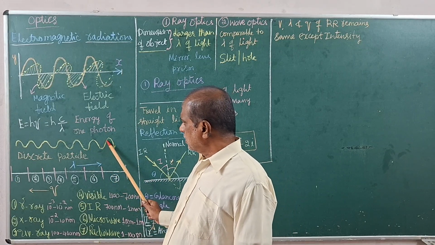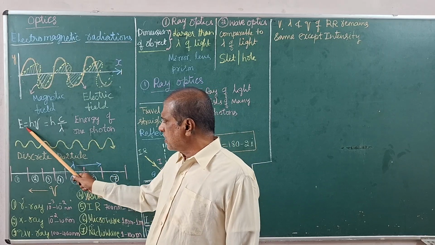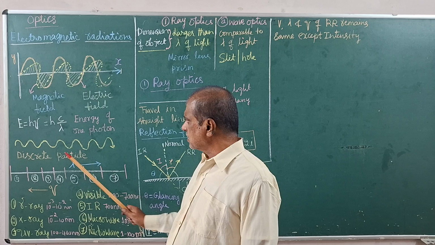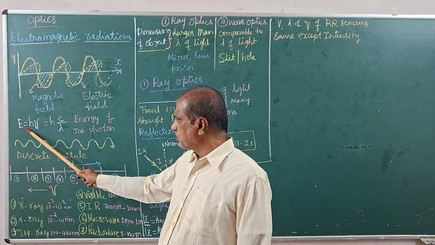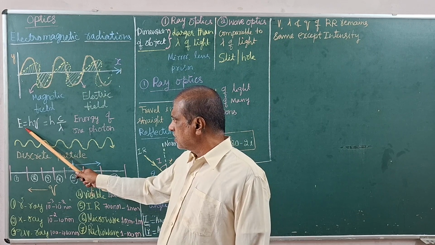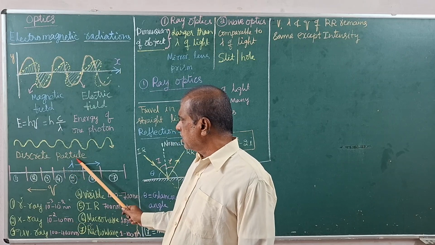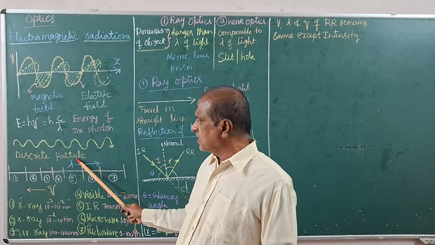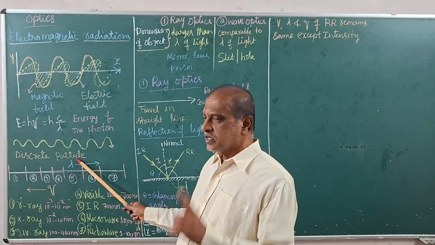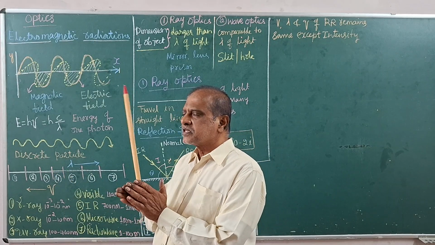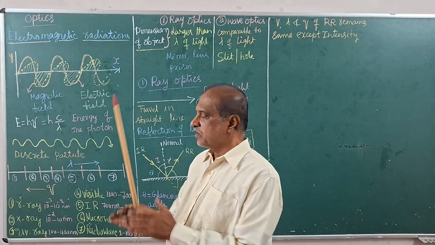And if you calculate, that is the amount of energy the radiation or wave like this possesses, that is E. It is designated as a single particle, a discrete particle. Every wave is like a discrete particle.